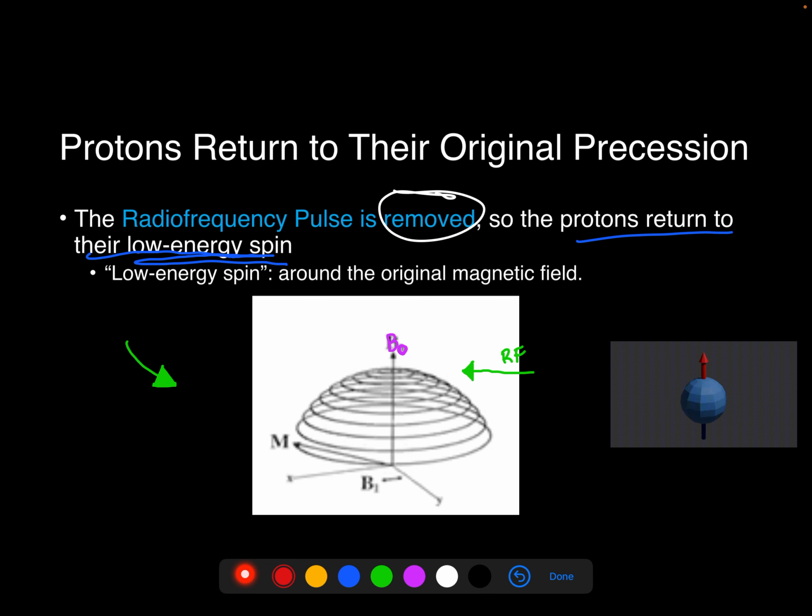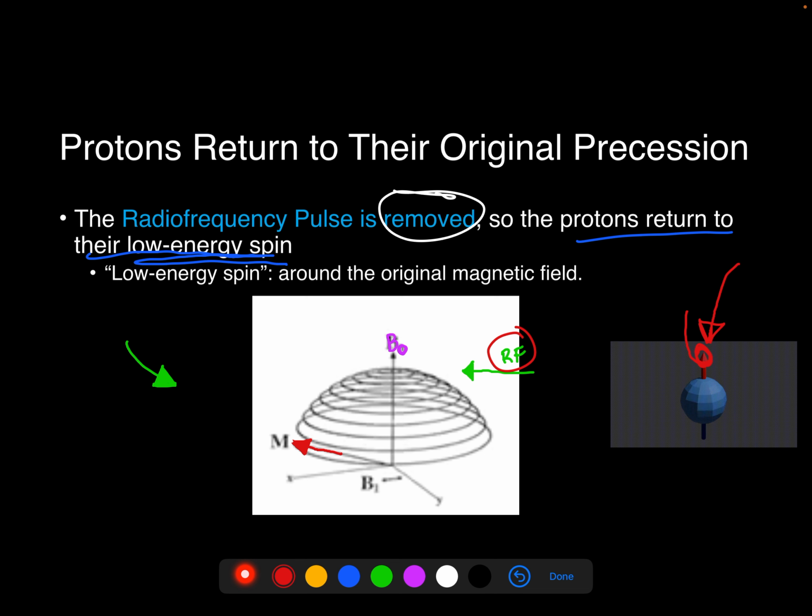So imagine this is the proton here, and this red pointy bit here is the tip of a pencil. So when it's knocked over by this radio frequency pulse, the red bit, the pencil bit, points here. So I've colored that red to help you understand.